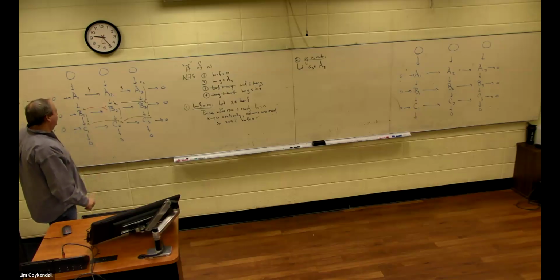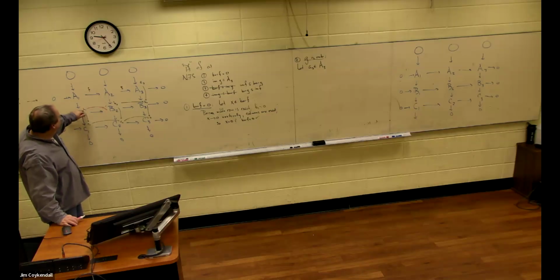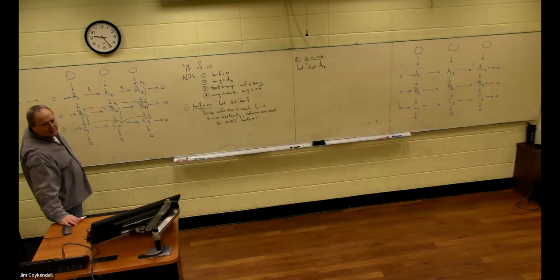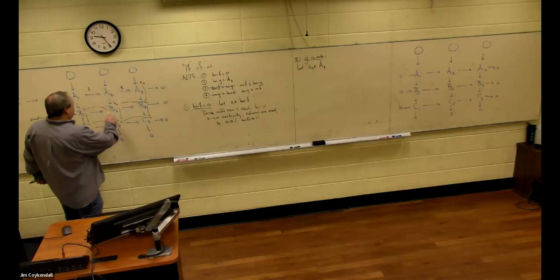Everybody agree with that? I don't know much though. See, B1 goes to B2 prime, but I do know, where does B2 prime go when I push it down here? Oh, it has to go to C2. It has to go to C2.